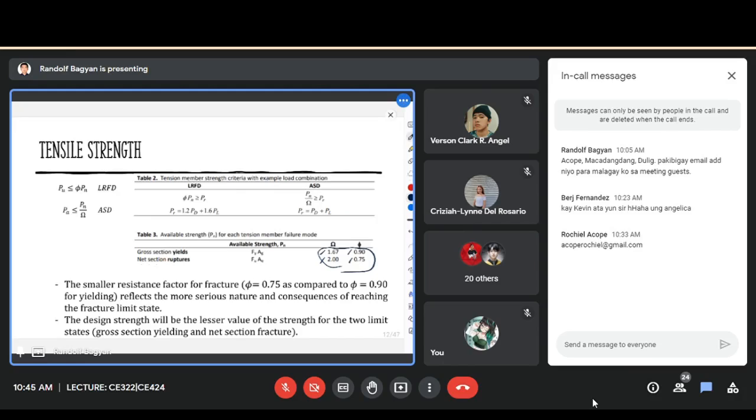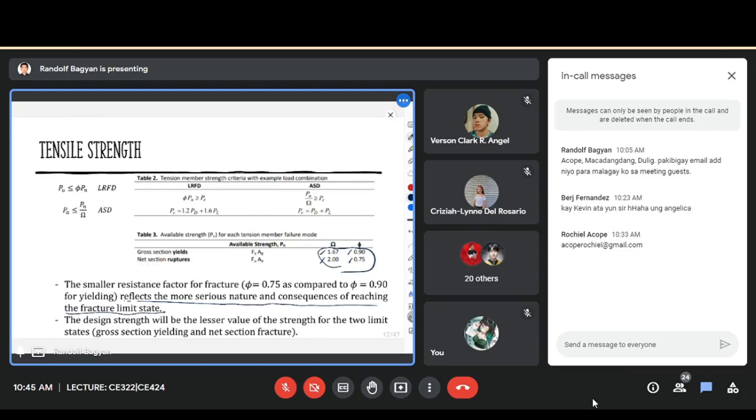So, what explains why sa ating LRFD mas mababa yung ating resistance factor for rupture compared to yielding? Sabi dito, it reflects the more serious nature and consequences of reaching the fracture limit state.